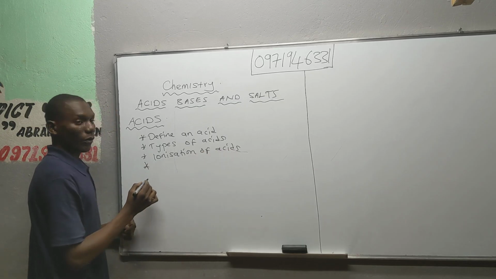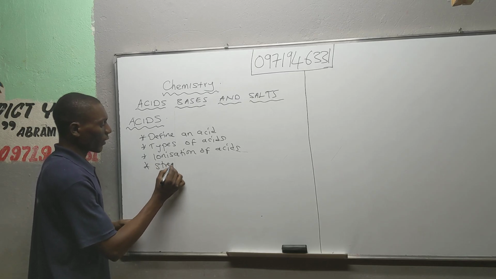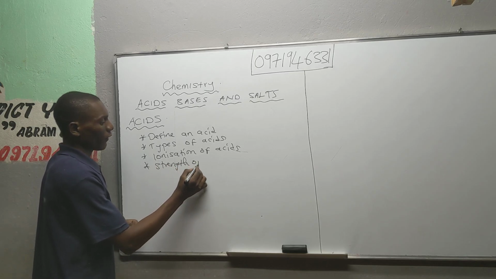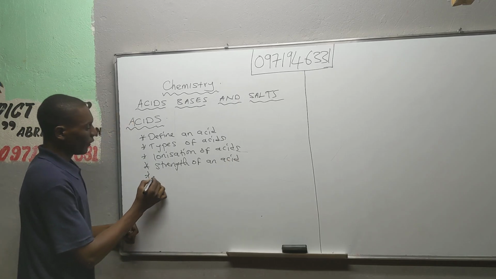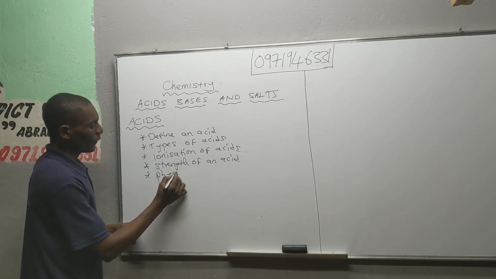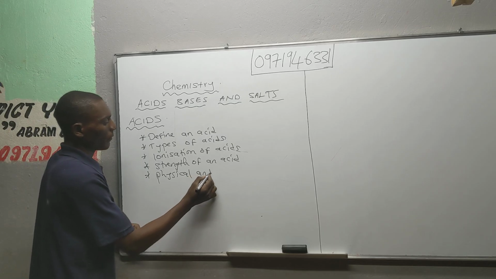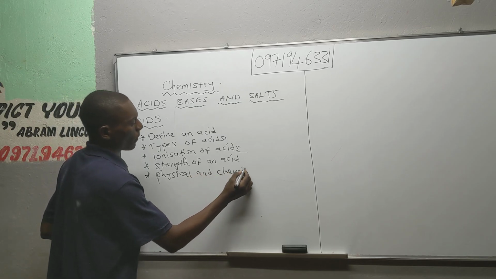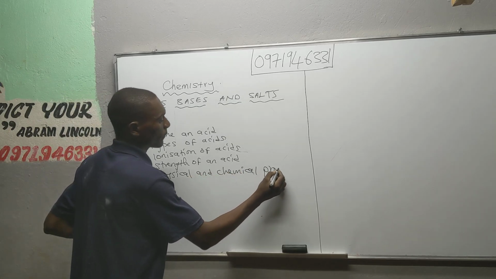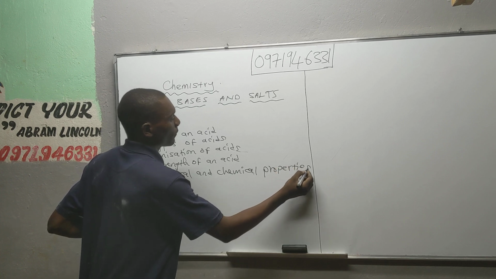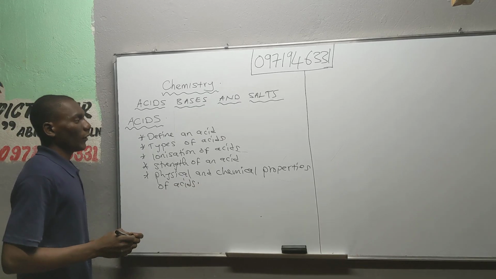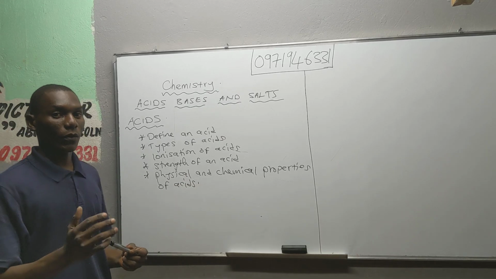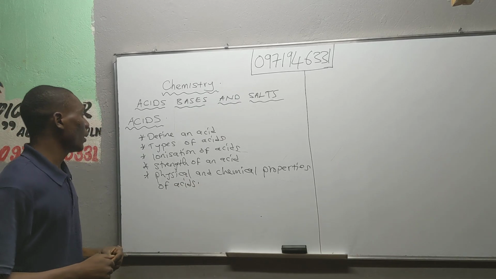Number four, strength of an acid. And number five, the physical and chemical properties of acids. So under acids, these are the things that we're going to discuss for today.